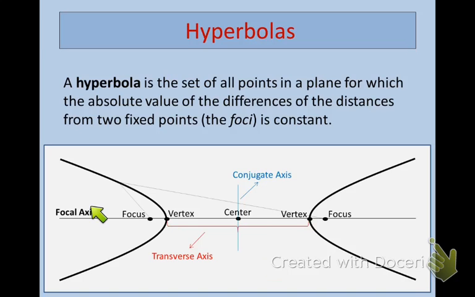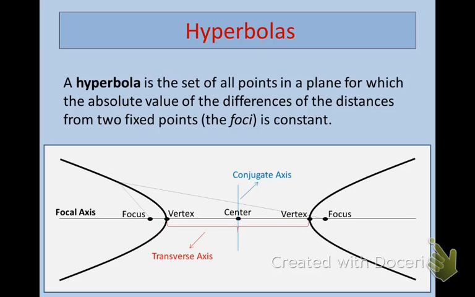By the way, you see this line, just that light gray line that just drew in? It's really similar to the definition of an ellipse, where the definition of a hyperbola is a set of all points in a plane for which the absolute value of the differences, rather than the sum. So in the ellipse, the sum of the distances from any point on the line out to the two foci was held constant, and now you're looking at the difference between those two distances from any given point out to the foci.